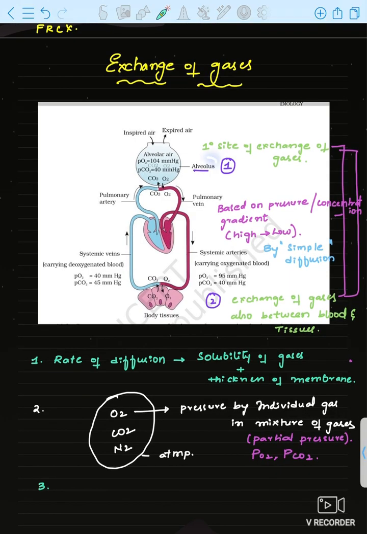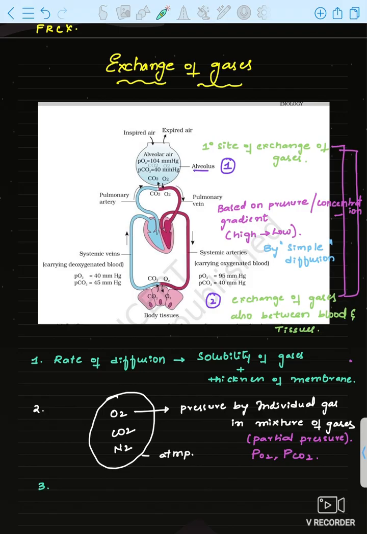See, in the alveoli, and this is the blood tissue. Here what happens? The systemic artery carries oxygenated blood. Oxygen will be given to the tissue and CO2 will be given to the systemic vein, which carries the deoxygenated blood.